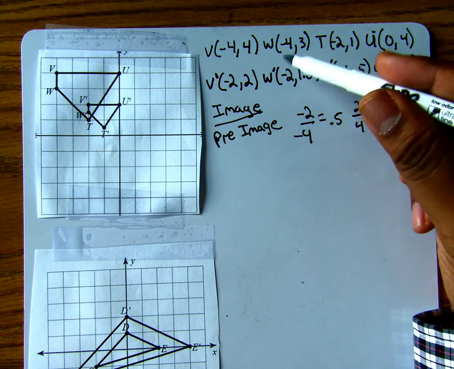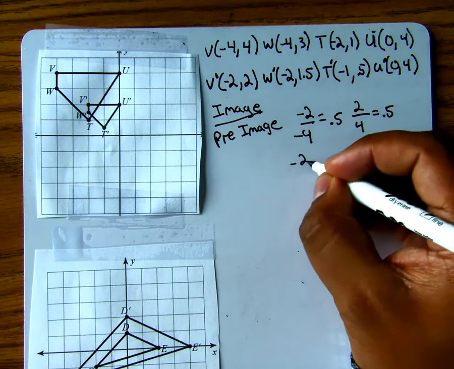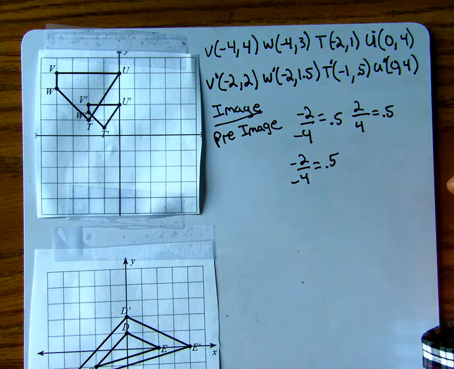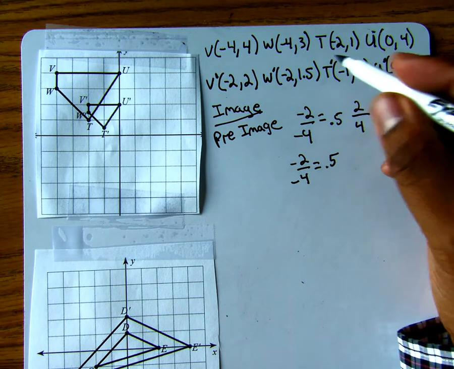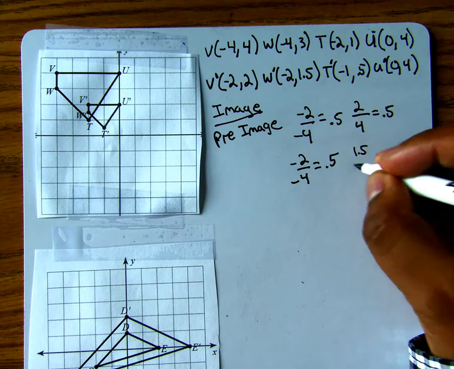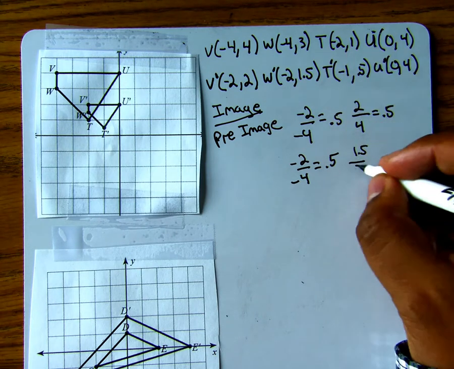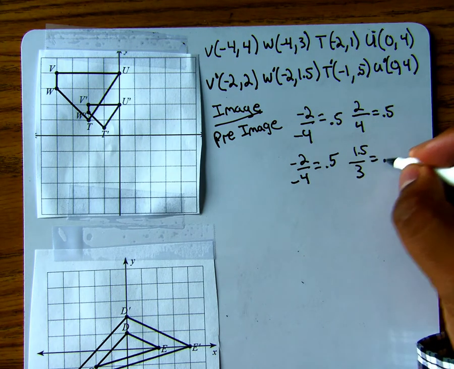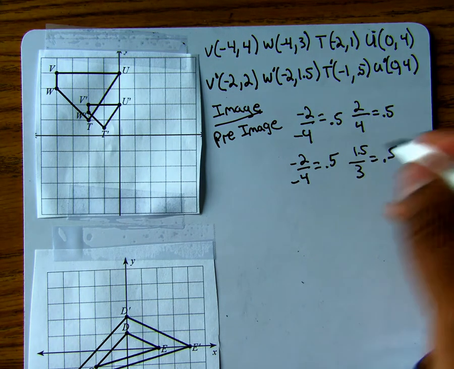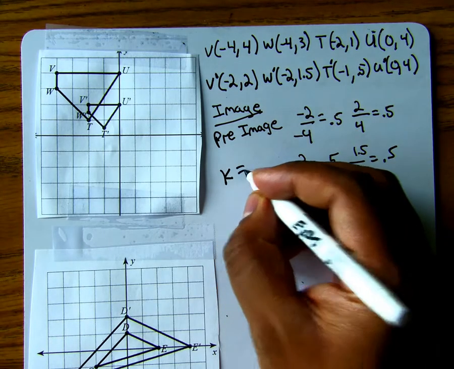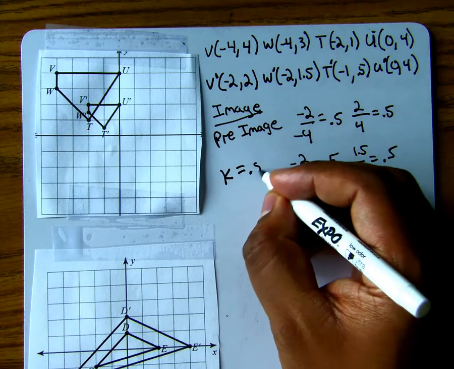Let's look at W here. W, similar. -2 divided by -4. That's 0.5. And one more for good measure. 1.5 divided by 3, and that reduces down to 1/2, which is 0.5. So our scale factor is going to be 0.5.